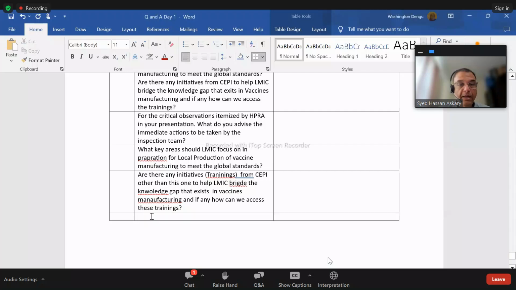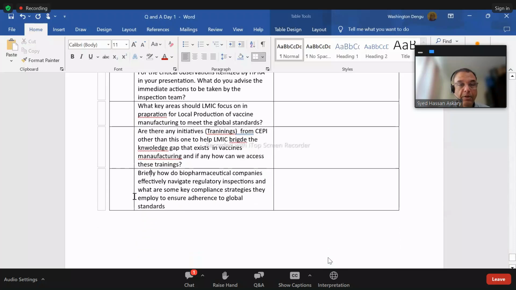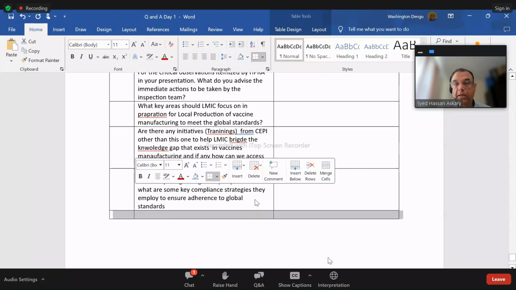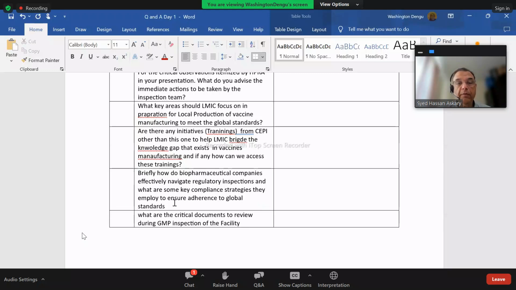Are there any initiatives, trainings from CEPI other than this one to help LMIC bridge the knowledge gap that exists in vaccine manufacturing? Yes, and there are a lot of initiatives in different regions, including Africa. If you connect with Matt, myself, or through Washington, we can definitely bridge it and bring you on board.